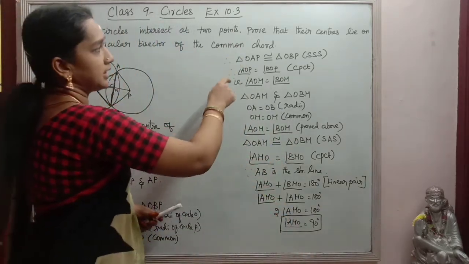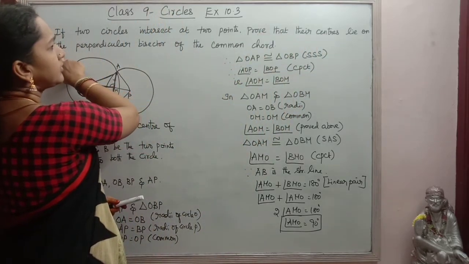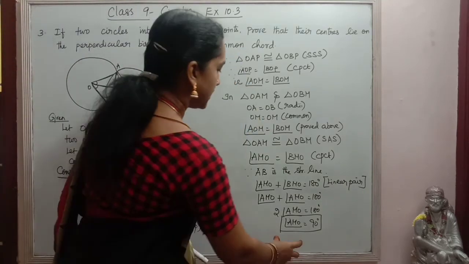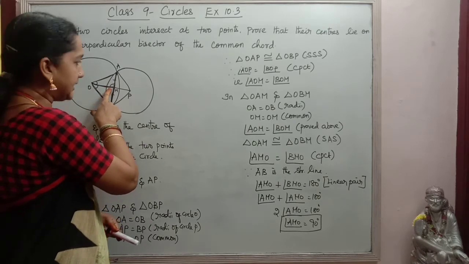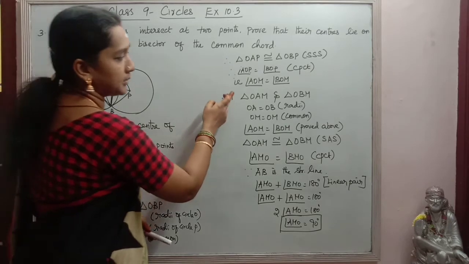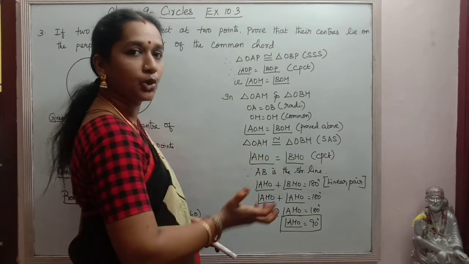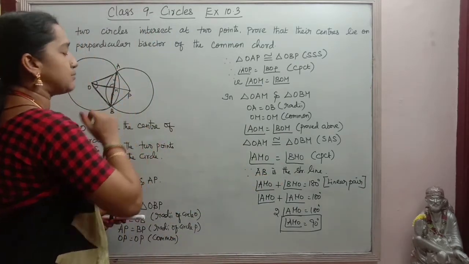What is the thing we are asked to prove? Prove that their centers lie on the perpendicular bisector of the common chord. So perpendicular means this is 90 degree. Then in the previous two triangles we have taken, AMO is equal to BMO. Same way we can say by CPCT that AM is equal to BM.